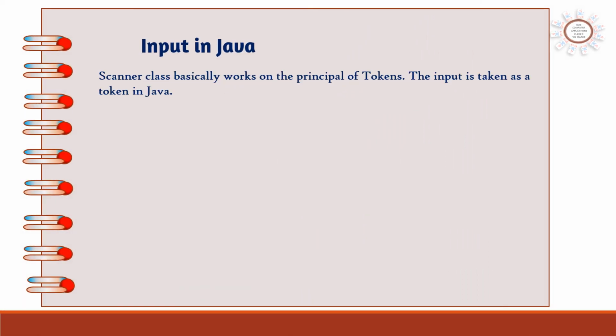The Scanner class basically works on the principle of tokens. That means each input, whatever data type you are typing on the keyboard, will be taken as a token in the Scanner class. And a token is a set of characters separated by delimiters. If we are defining a token according to the Scanner class, we can define it as a set of characters separated by a delimiter.